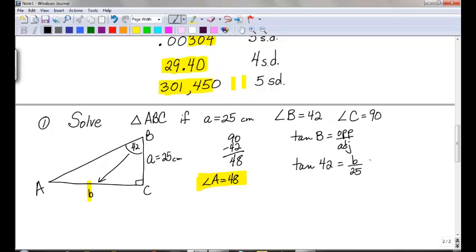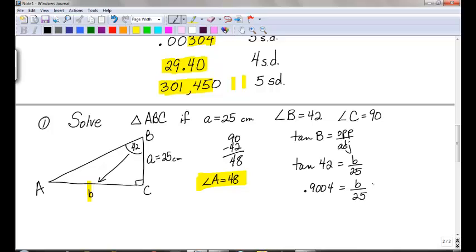So on this one, tangent of 42. Okay. Now this part I do want you to write down. The calculator rounds it to 0.9004 equals B over 25.